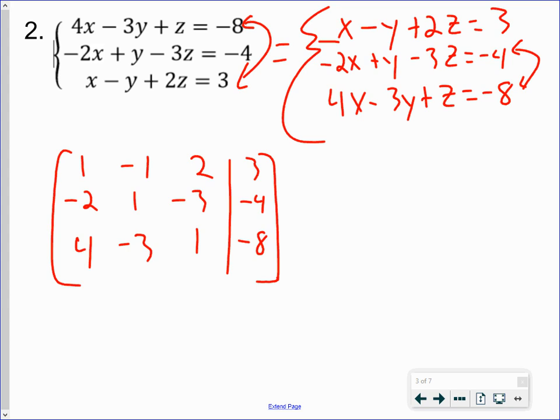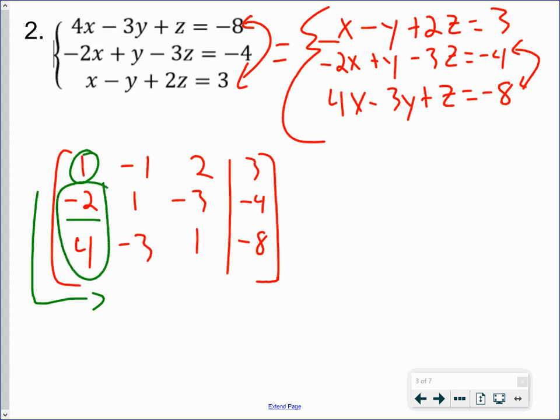So like the previous slide, what we're going to do is delete the entries in the matrix in an L shape. So we're going to get rid of that -2 first. That's the first thing we're going to worry about. And we're going to use the leading coefficient of the first diagonal to do so. Or in other words, we're going to use row 1 to delete these two entries here.